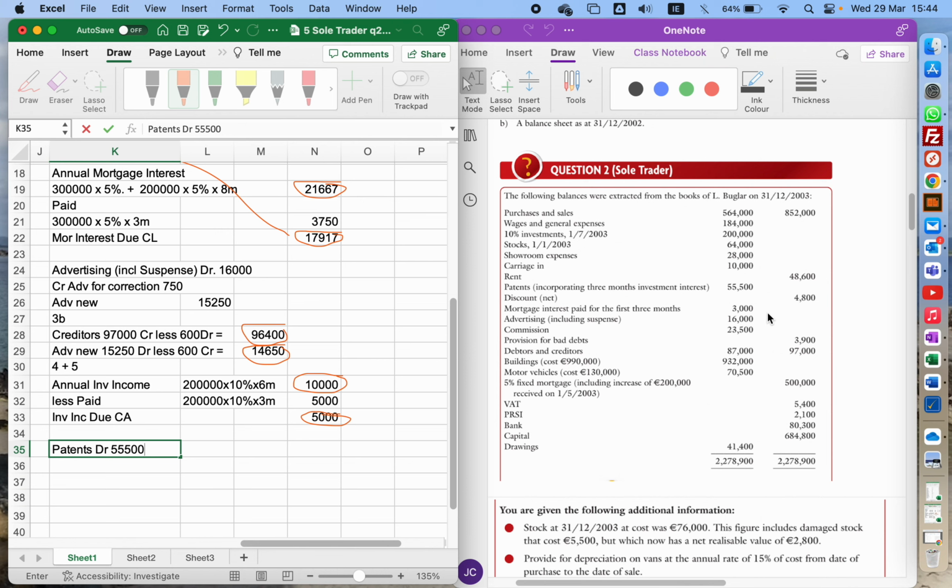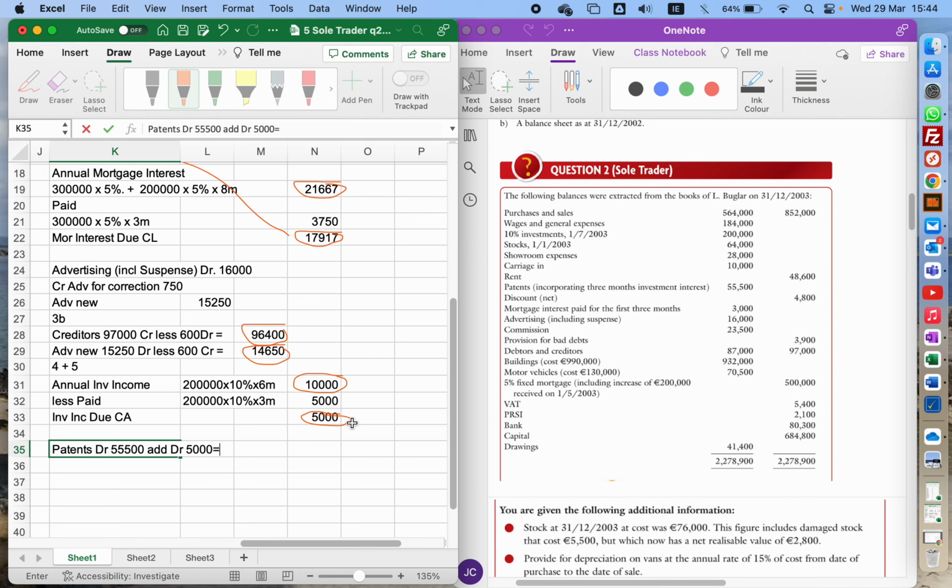When I put it in, because it was an income going into this asset account, income is credit. So when I take out that income, I'll put a debit. I'm actually adding, because I'm taking out something that was a credit. So to get rid of it, I have to put a debit. And we're debiting with the 3 months investment income, which is the 5 grand that was paid.